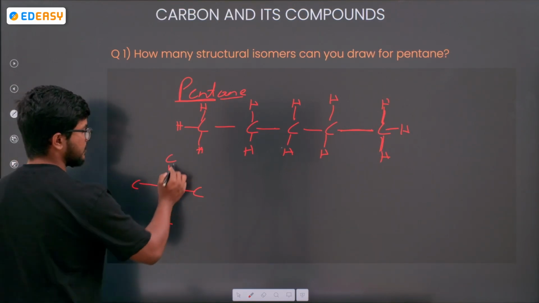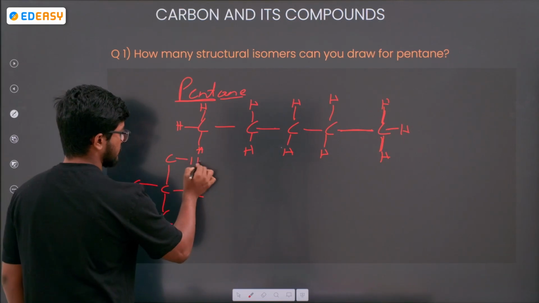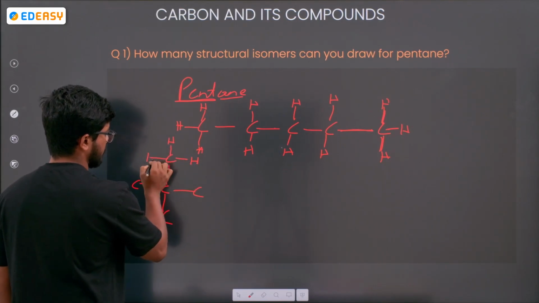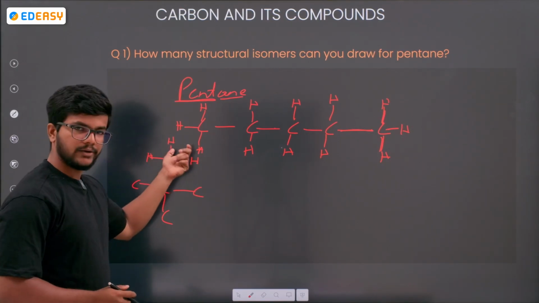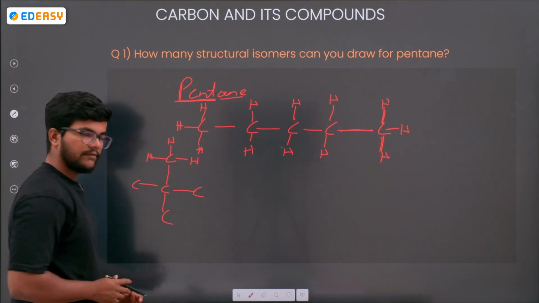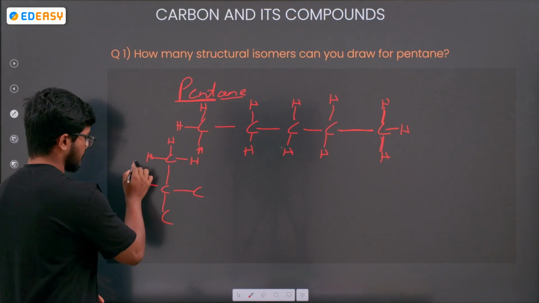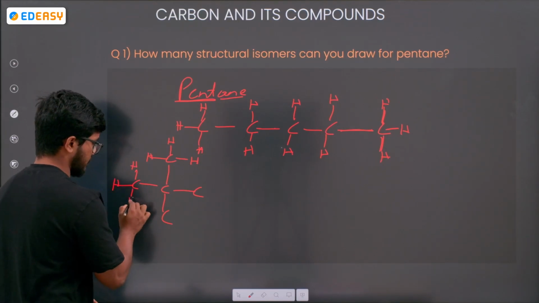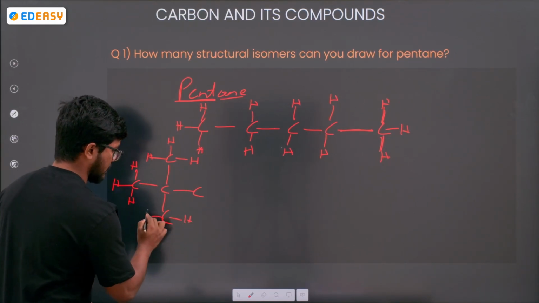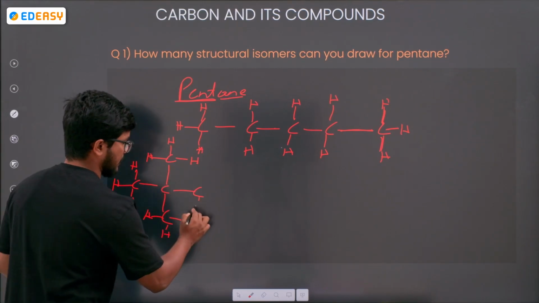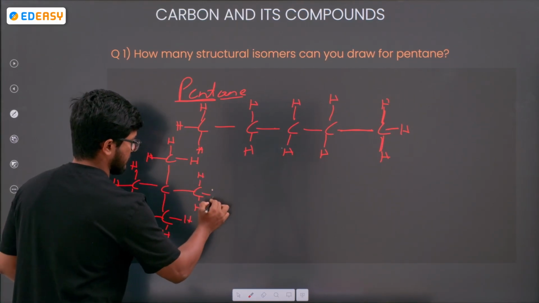Now we need to add the number of hydrogens: 1 hydrogen, 2 hydrogens, 3 hydrogens. Why are we keeping 3 hydrogens? Because the carbon already has 1 single bond, so the remaining 3 bonds will be hydrogens. Here hydrogen, hydrogen, hydrogen.